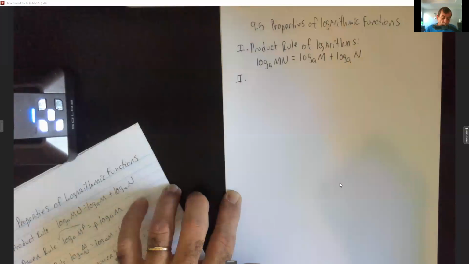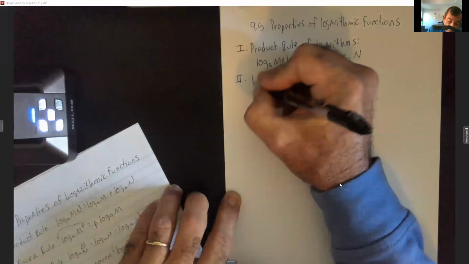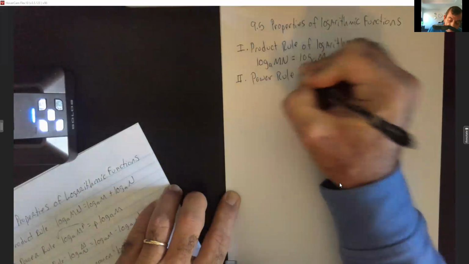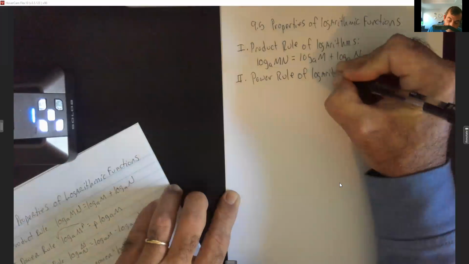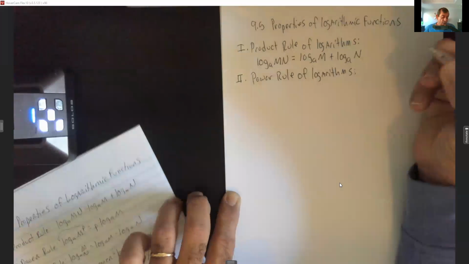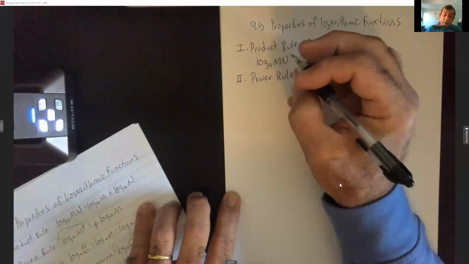Second one is called the power rule of logarithms. So this is when I got a base to an exponent.